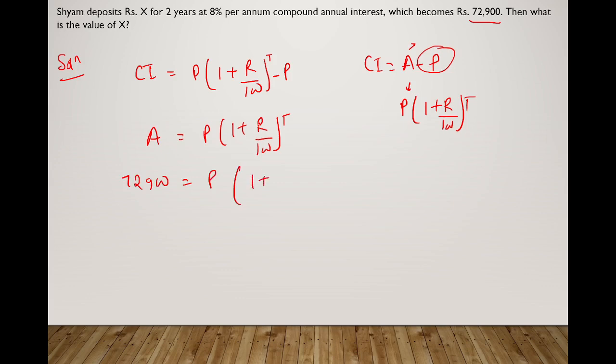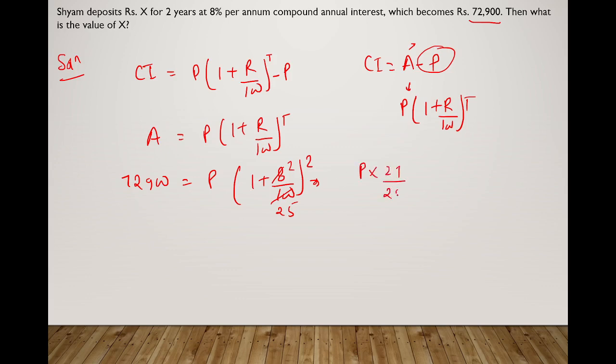Rate R is 8%. So 8 by 100, and how many years? 2 years. So 8 by 100 becomes 2 by 25. So this becomes 27 by 25.